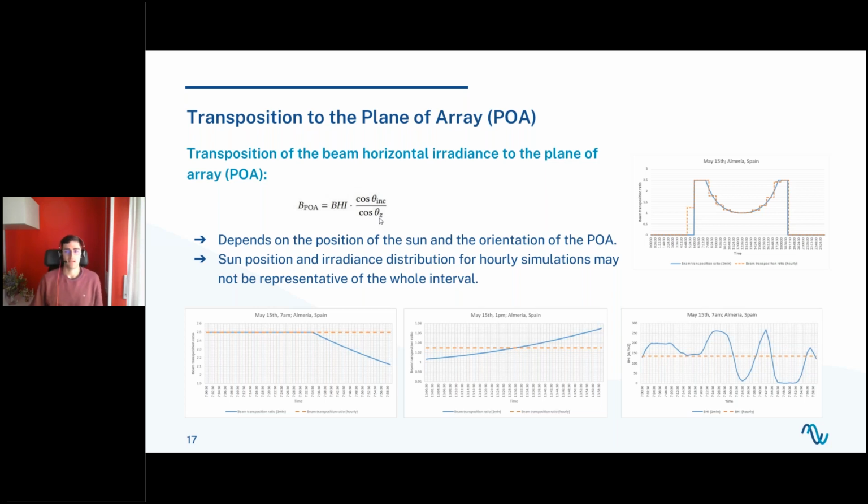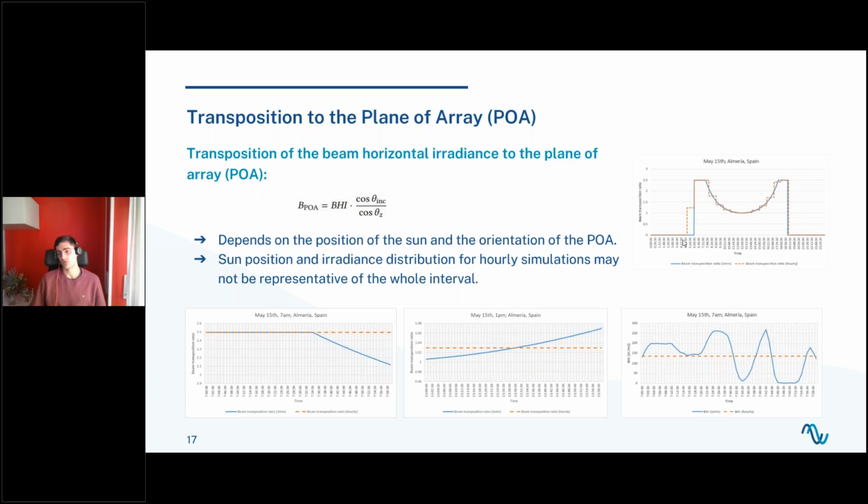If we represent this factor for one specific day, here I represented May 15th for Almeria, Spain, and this was the design carried out with a tracker. We represent this factor with both hourly, in orange, and sub-hourly with 1 minute time resolution for the blue curve.